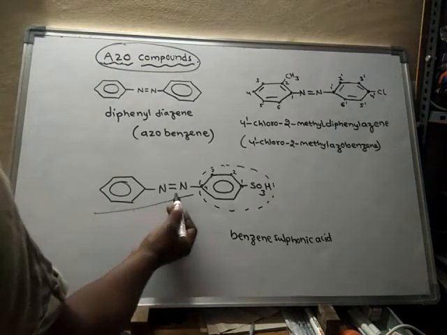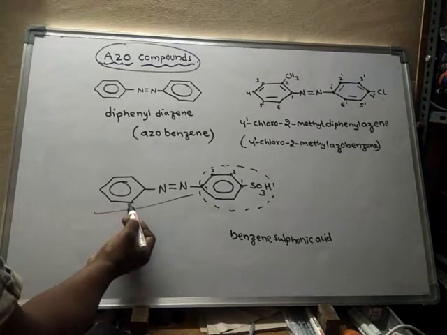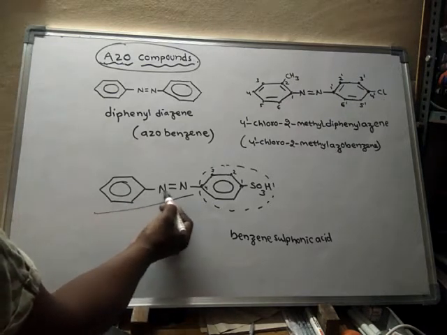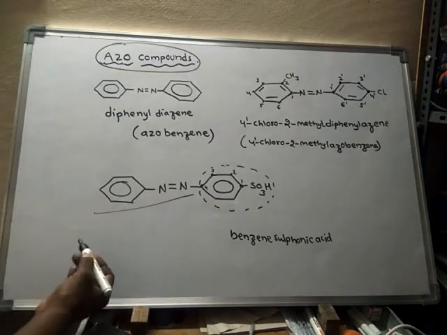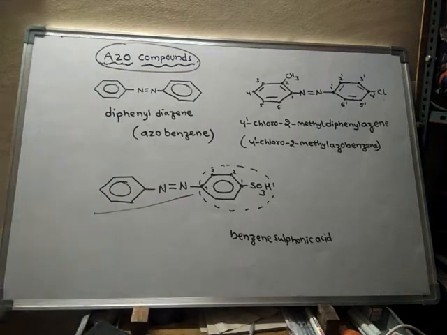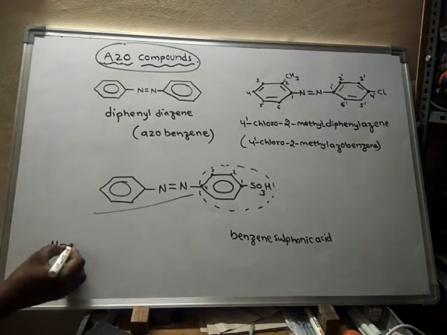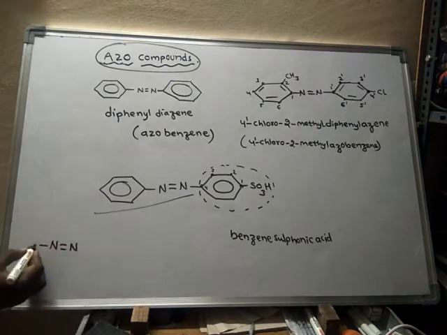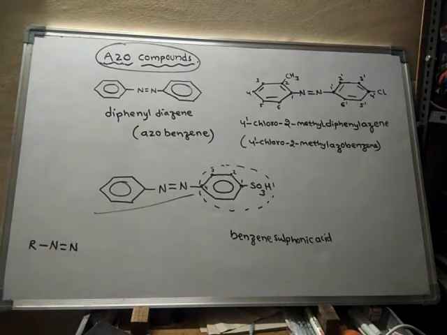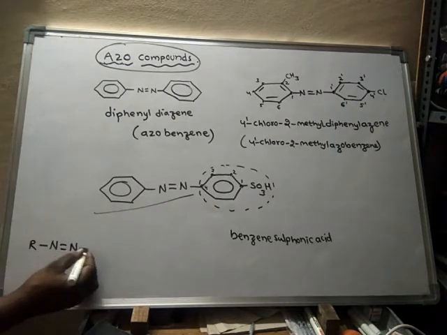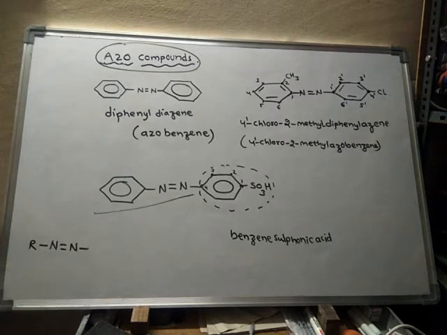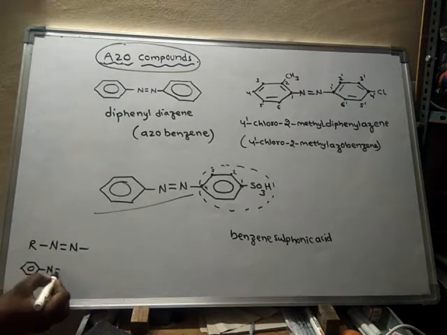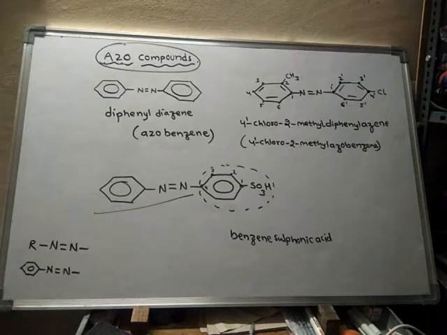So what is this one? Here phenyl diazenyl. Here it is called alkyl diazenyl. In case of alkyl, if a ring is present, then it is said to be phenyl diazenyl.